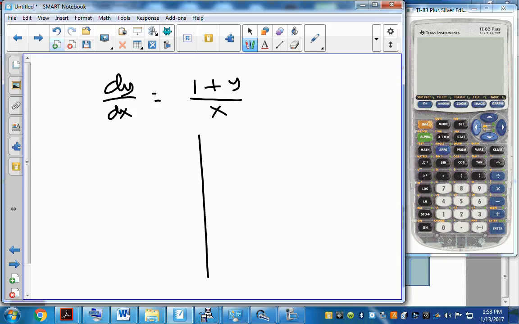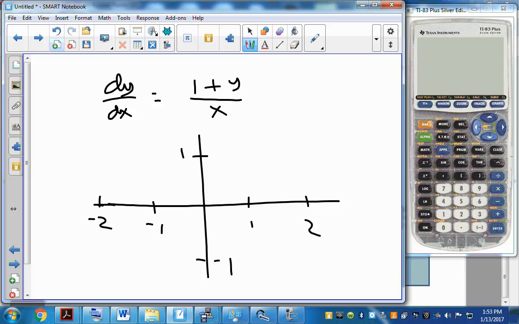They give you a grid, and they have 8 dots. This is at 1 and 2, and 1 and -1, and -1 and -2. And at each one of these locations, there is a point that's plotted here, here, here, here. And say the slope field at 8 points indicated, right?